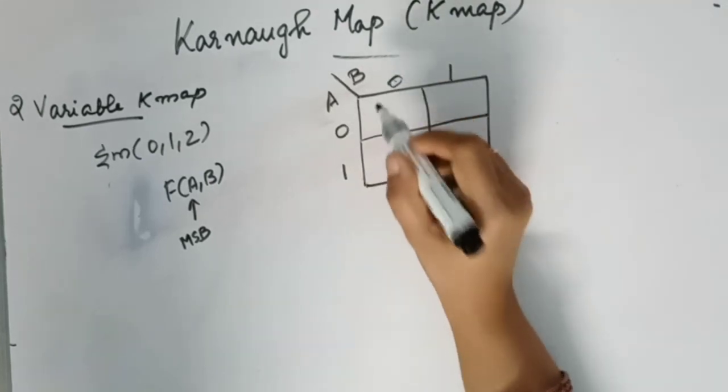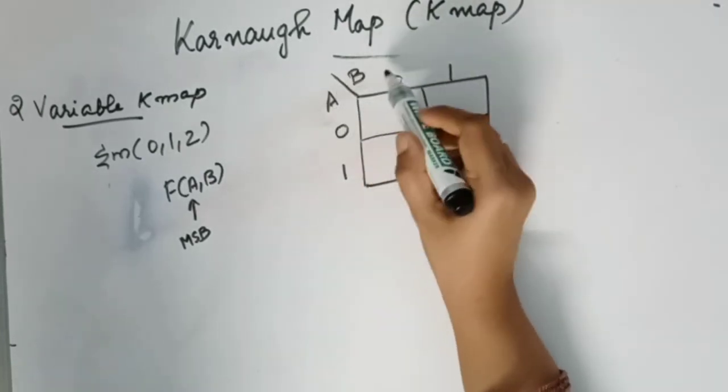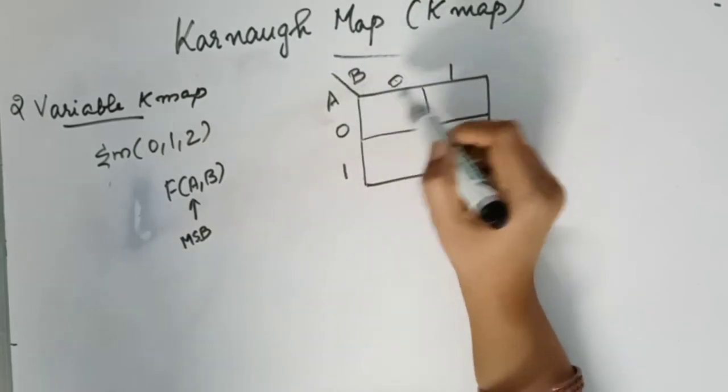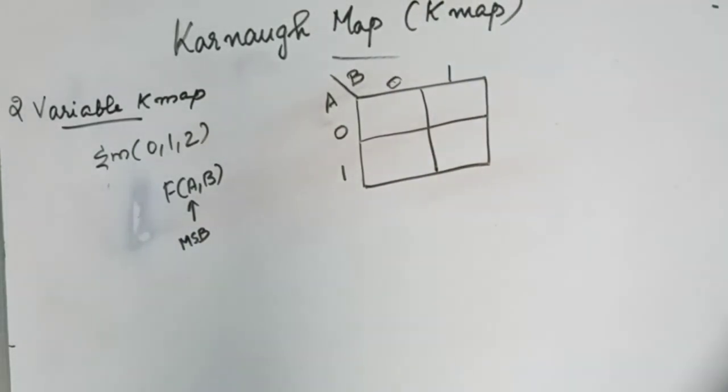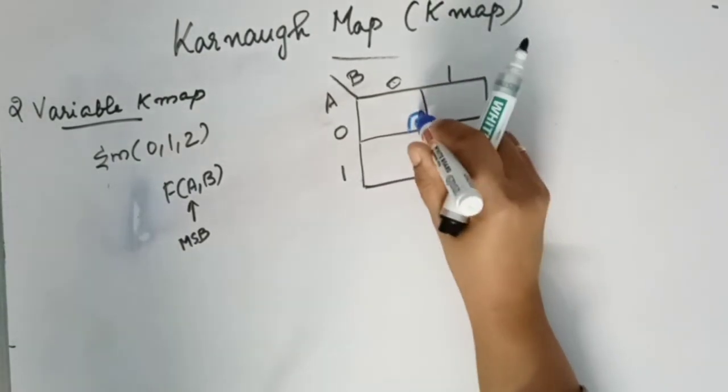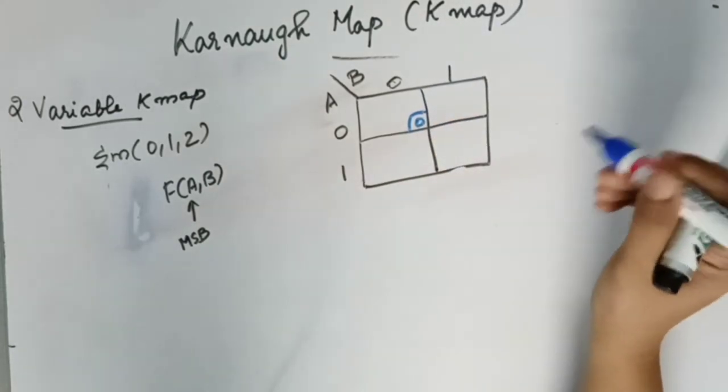Read it like this, AB, because it's written like this, AB. So 0, 0 has a value of 0.